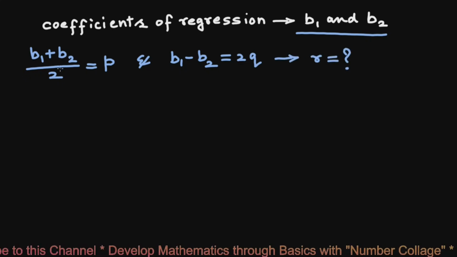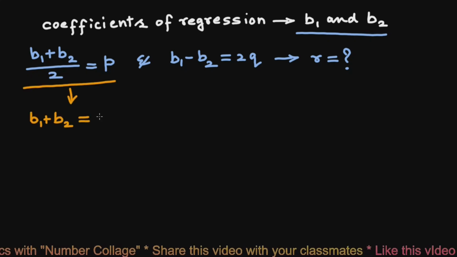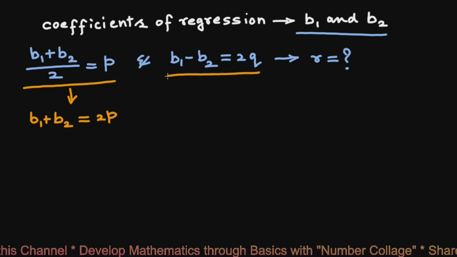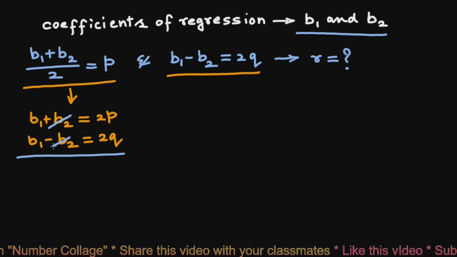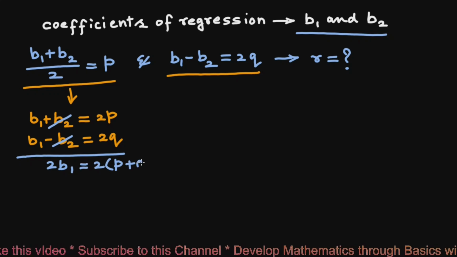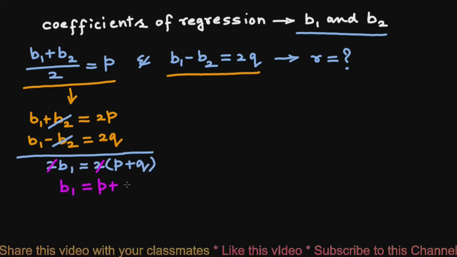From b1 plus b2 upon 2 equals p, we get b1 plus b2 equals 2p, and we have b1 minus b2 equals 2q. We write it here. Adding these, b2 minus b2 will be 0. 2b1 will be 2 times p plus q. After cancelling these two, we get b1 equals p plus q.